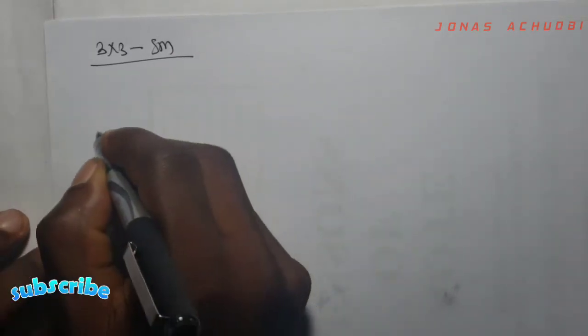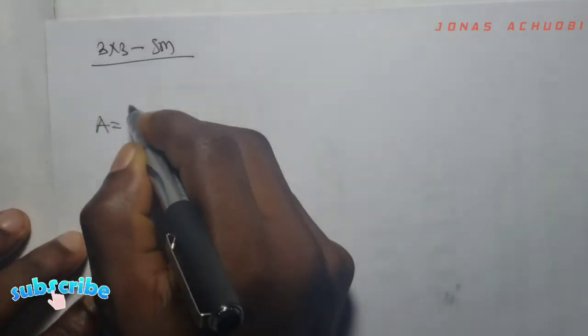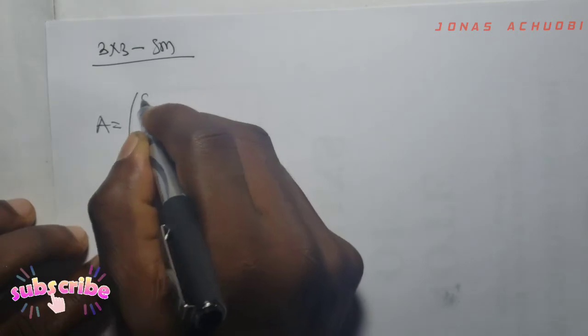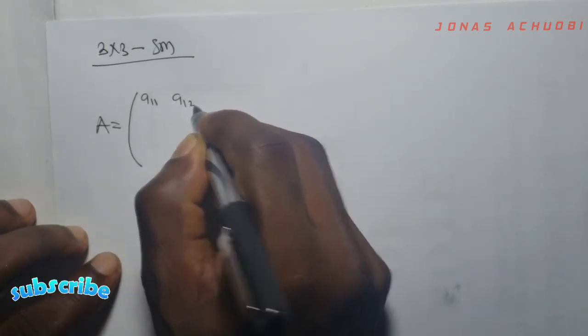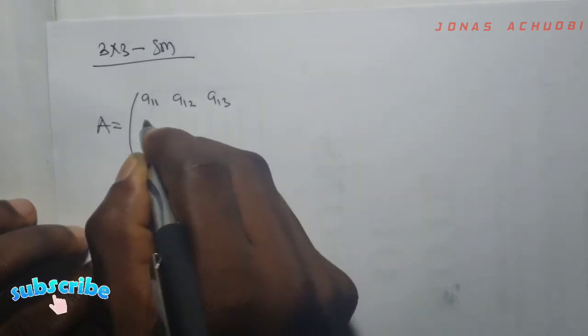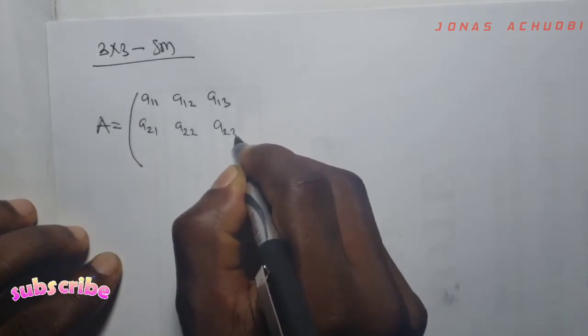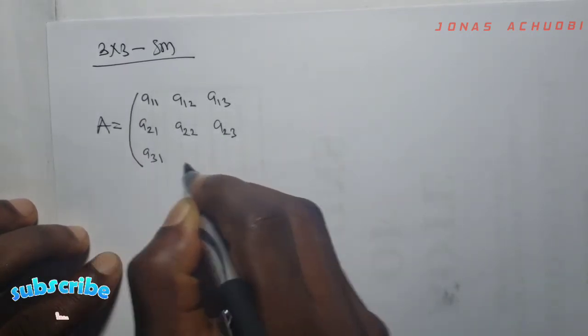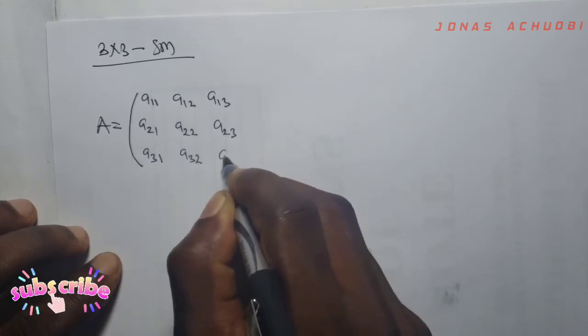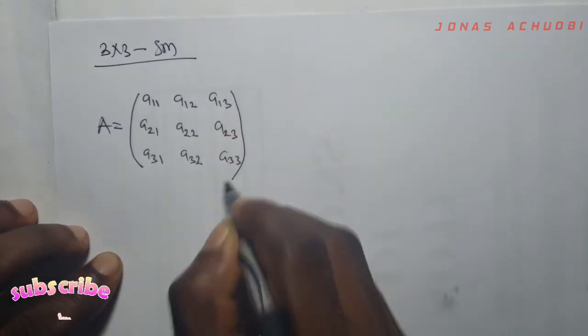So once again, let's write down the general 3 by 3 square matrix. So this is A11, A12, A13, A21, A22, A23, A31, A32, and A33.